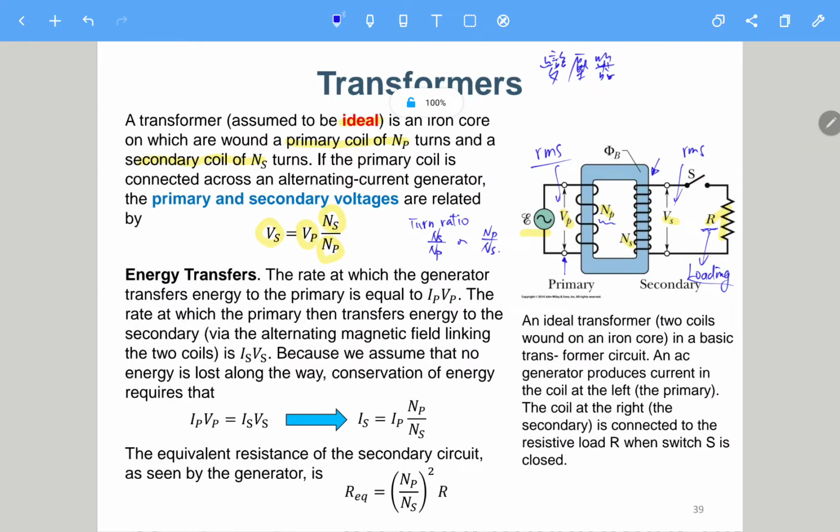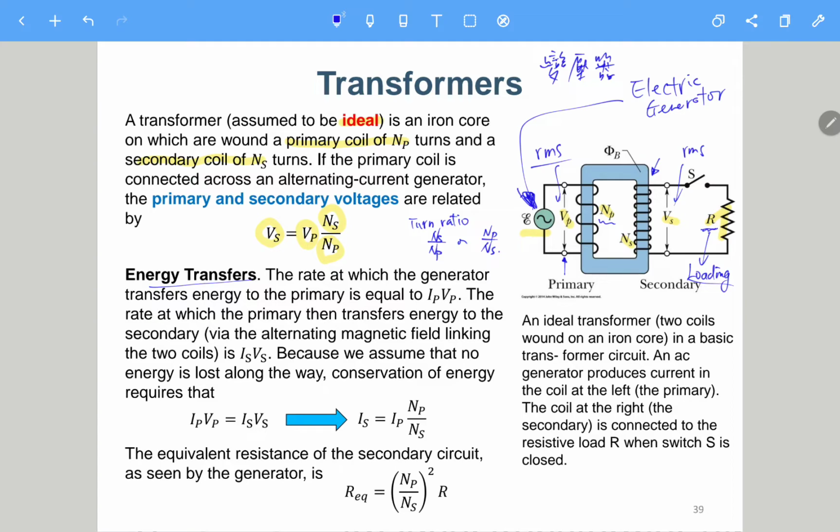There is the so-called energy transfer. You can simply suppose this is the electric generator, 发电机. Just like in Macau, we have a CEM generator.